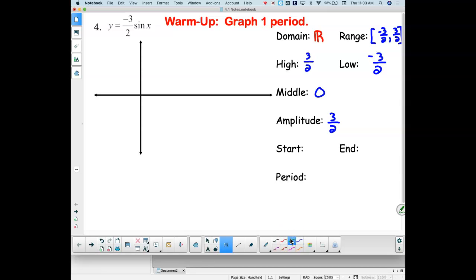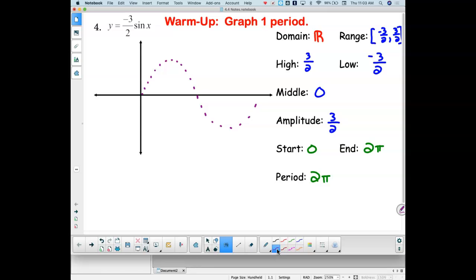Starts at 0. It's got a period of 2 pi, so that means it ends at 2 pi. Okay. Start plus period equals end. It's a sine curve, so normally the sine curve would go like that, correct? Normally.